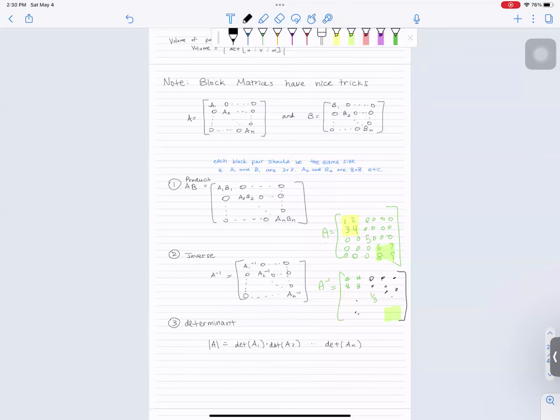If you try to do something like row 1 is 2 row 1 plus 2 row 2, you're really doing two elementary operations at the same time. You're rescaling by 2, and then you're doing a combination. So you can't just say this is a combination.